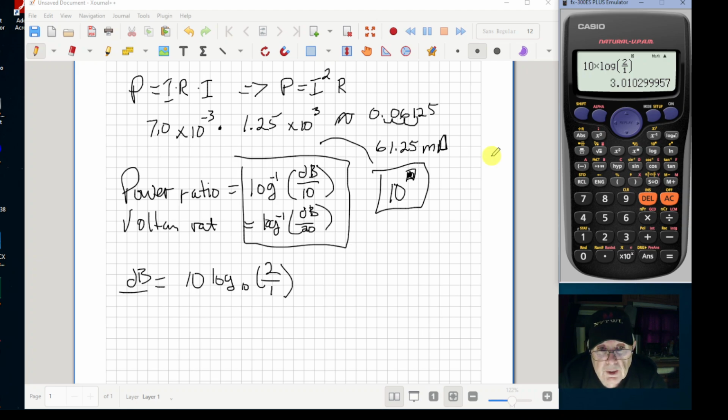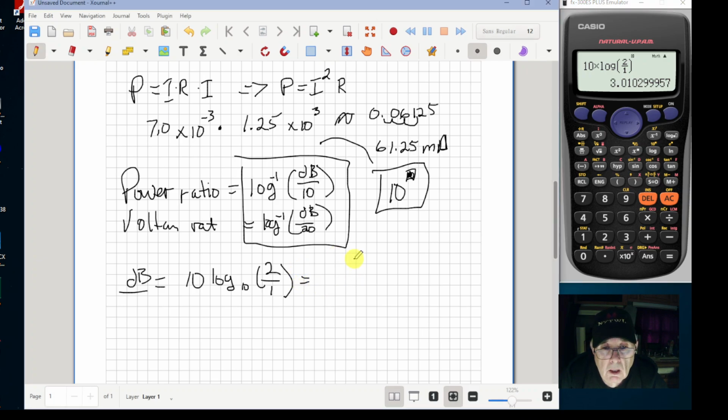So there's verification of the increase or decrease: it's about 3 dB. That's a good value to remember. So there are 2 more formulas you can pack away. Power ratio is dB over 10. Voltage ratio is dB over 20. And use this key, unless you have an inverse log key, then by all means use it. But this is the key that they're talking about. All right. More stuff coming up.